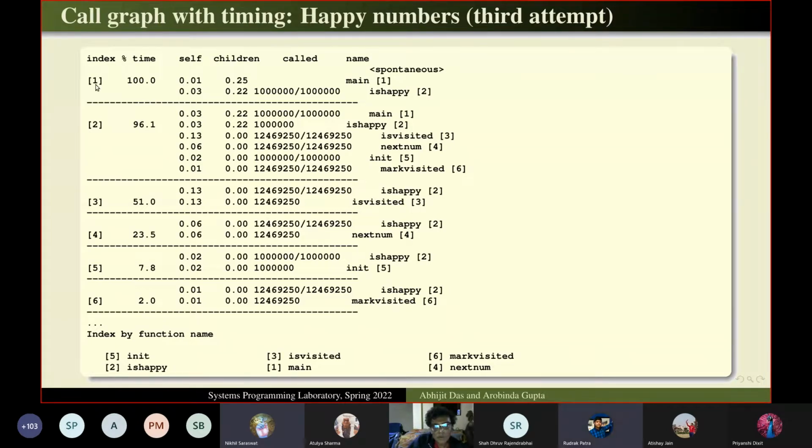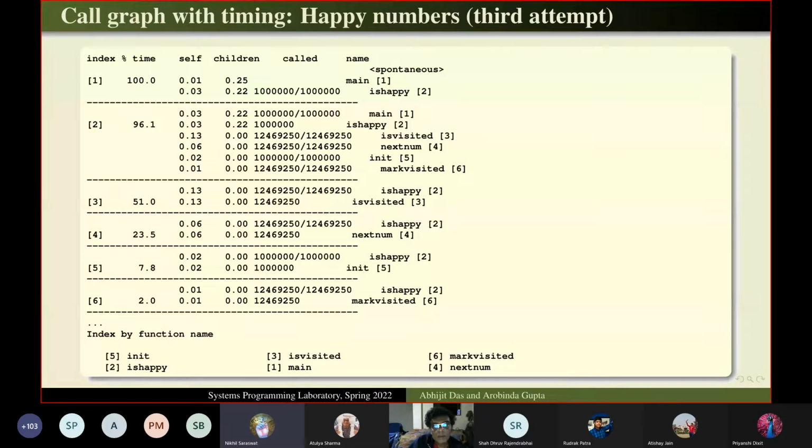And who is calling whom, how many times, and so on. Okay. So what is meant by children? What does the column children represent? I think it is self-time, and children means called function time.